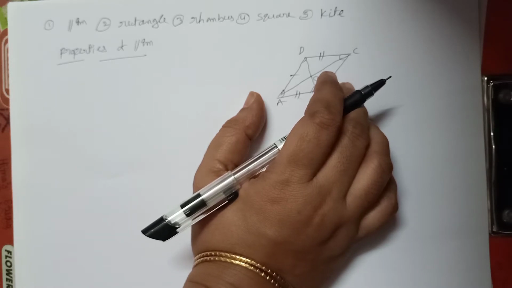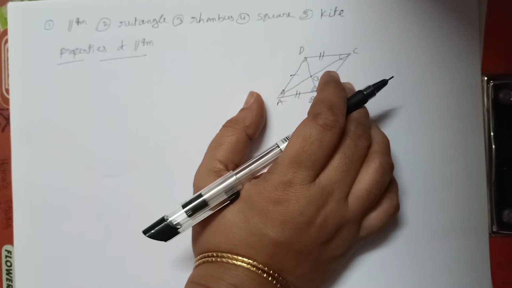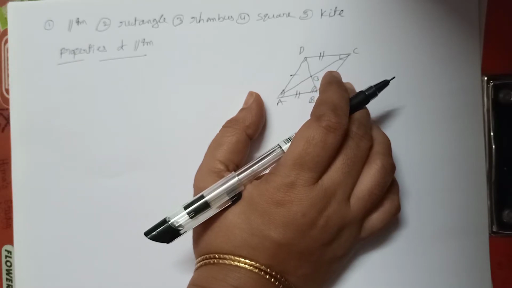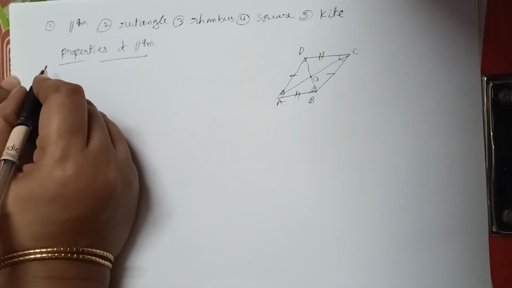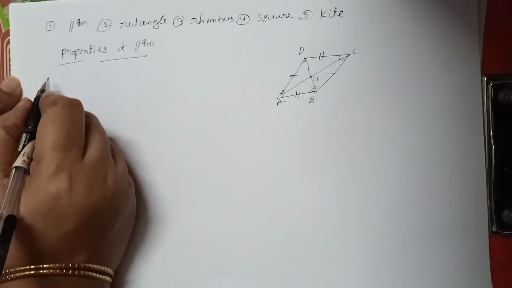Already we know the properties in 8th class, but today we are going to discuss the theoretical proof of these properties. First one is diagonal divides a parallelogram into two congruent triangles.